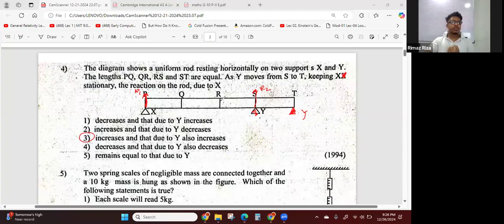Since the mass distribution is uniform, when Y is at the other end, R1 and R2 equally divide the weights. That means W over 2 and W over 2 when Y is here.